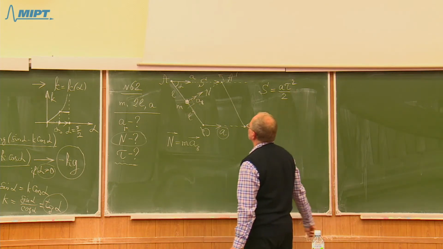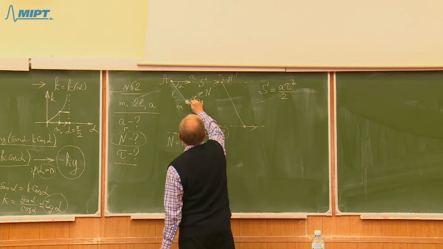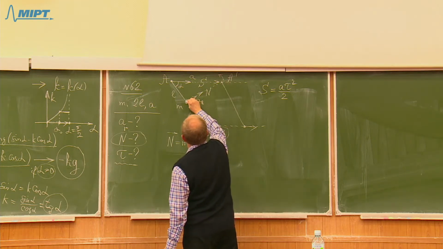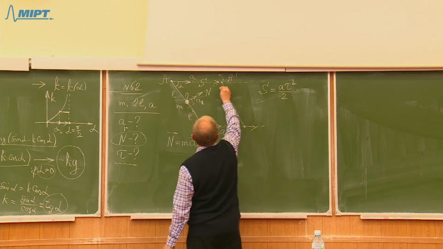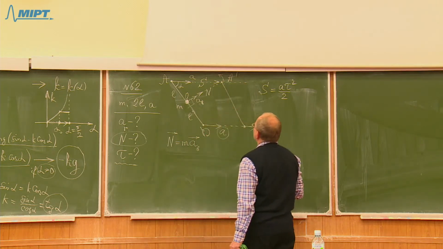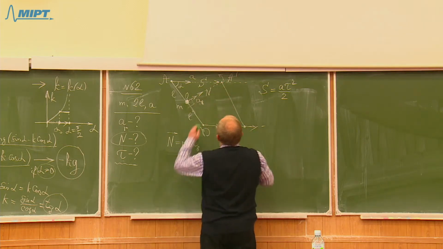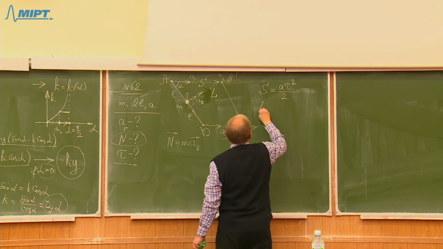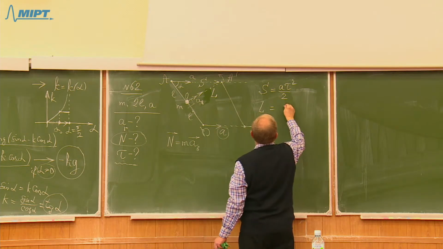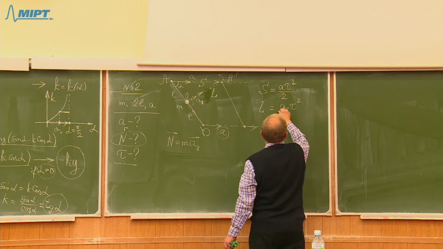During the same time interval, the bead will accelerate and move along this trajectory from the initial point O to final point A prime. And this displacement of the bead can be denoted by some letter, for example, L. And the displacement of the bead will be what? Acceleration of the bead with respect to the Earth, AB, the same time interval squared over 2.